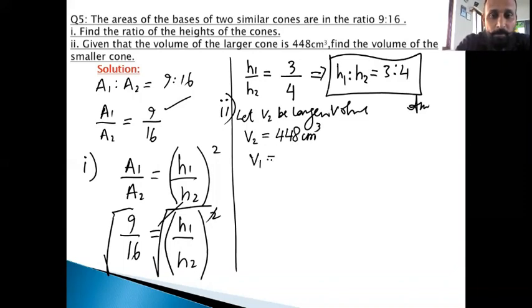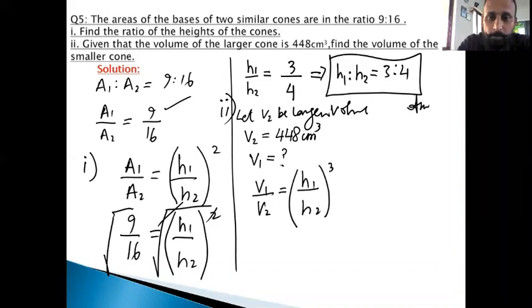V1 is unknown. All right, so what are we going to do? We're going to apply the formula of ratio of volumes. V1 upon V2 equals, in terms of height, H1 upon H2, the whole cube. In the ratio of volumes, we have cubes, whereas in the ratio of areas, we have squares.